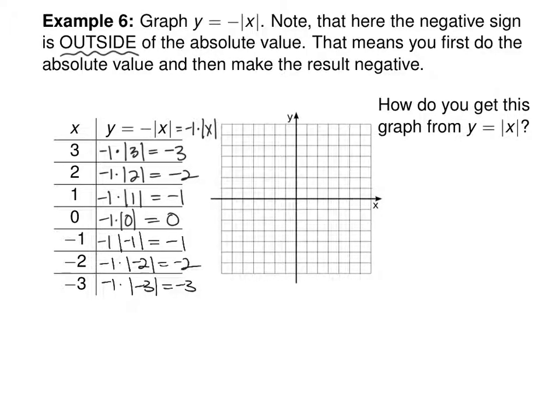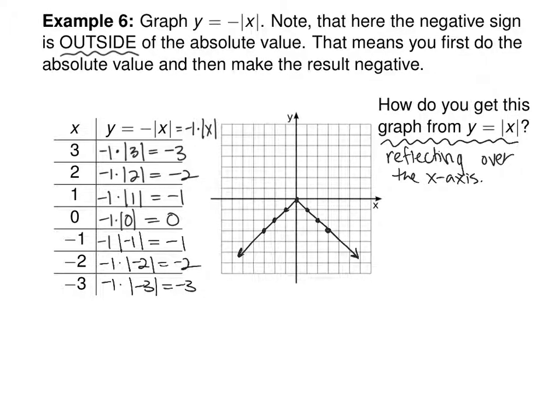So over 3, down 3, over 2, down 2, over 1, down 1, 0, 0, back 1, down 1, back 2, down 2, back 3, down 3. So there is the V. And it's pretty obvious that this graph is obtained by taking the original parent graph and reflecting over the x-axis.